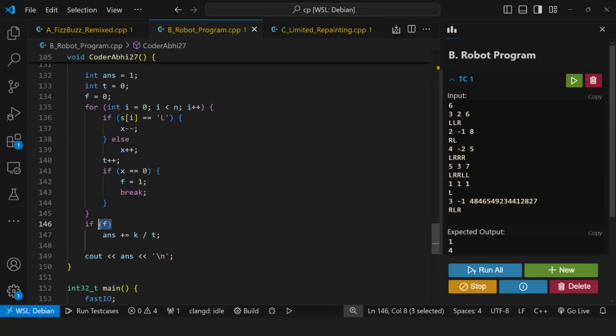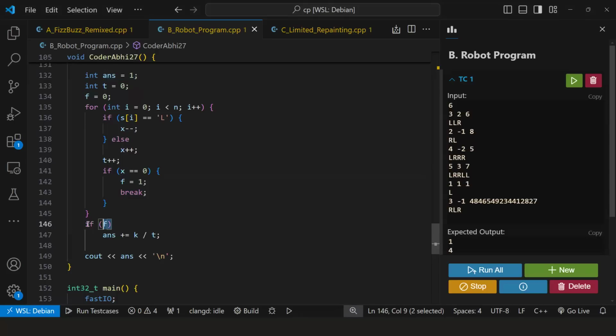So if f is 1, that means x became 0 again. If f doesn't become 1, then what would happen? If f is 0, my answer would be just 1, since I reached 0 initially and after that never came back to 0. So in that case, my answer would remain 1.